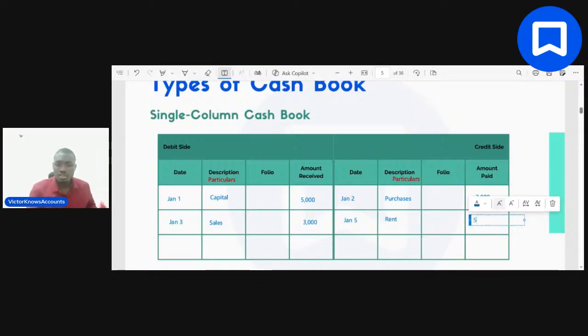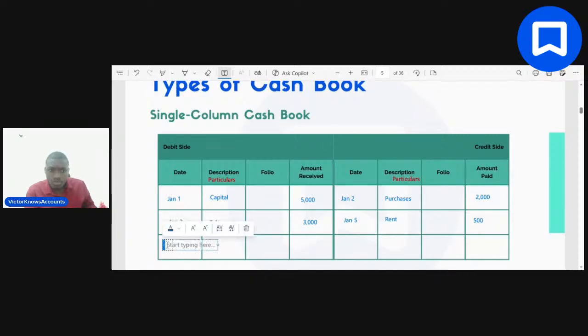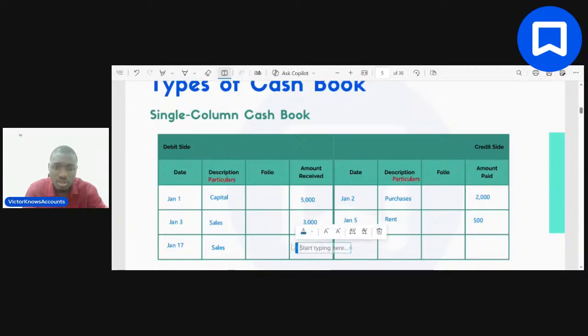Let's say it is 500. Is that taken? So let's assume that you now sold the last portion of your goods on January 17, sold goods for cash, and the amount is 1,000 naira.